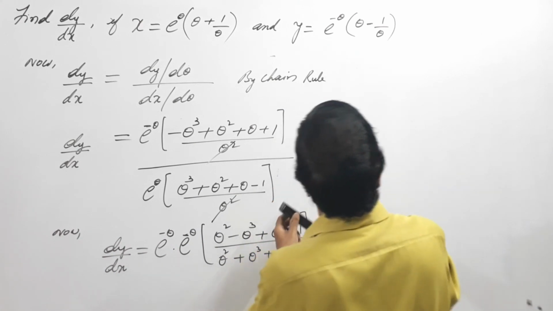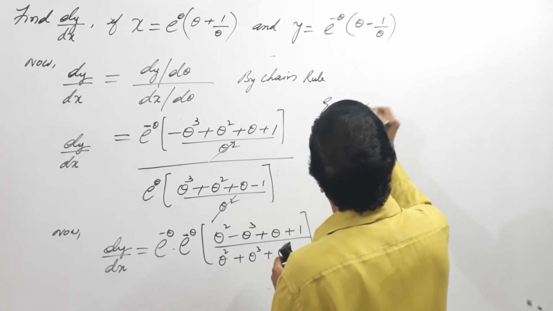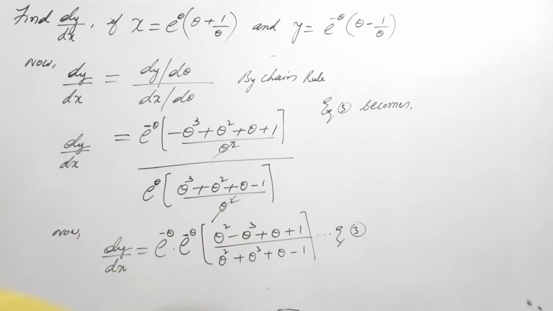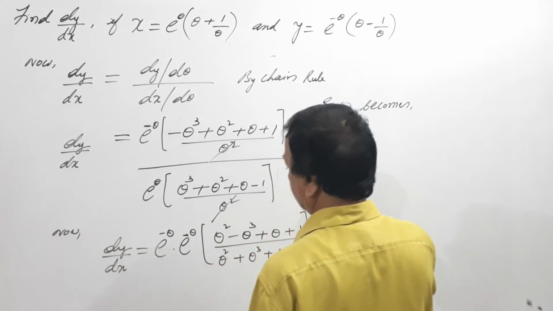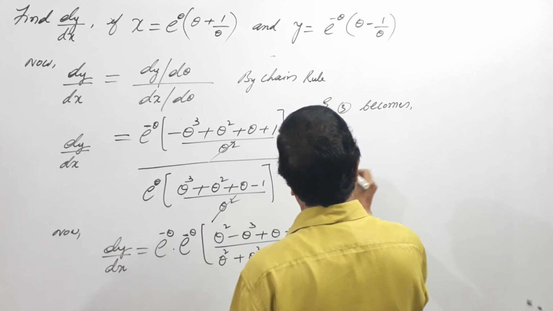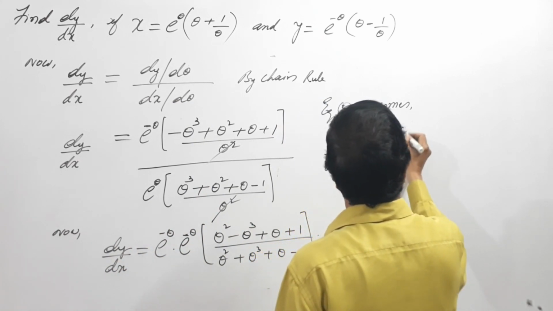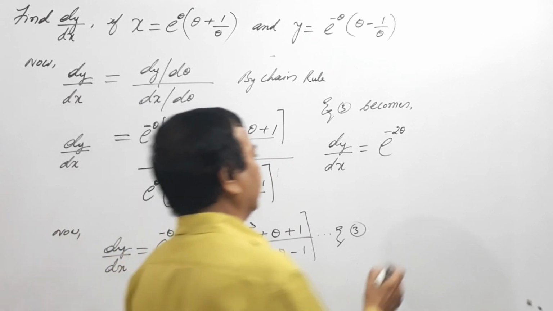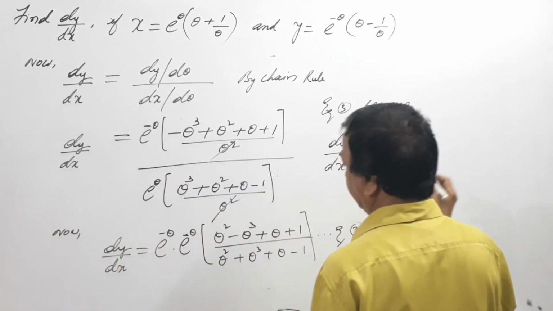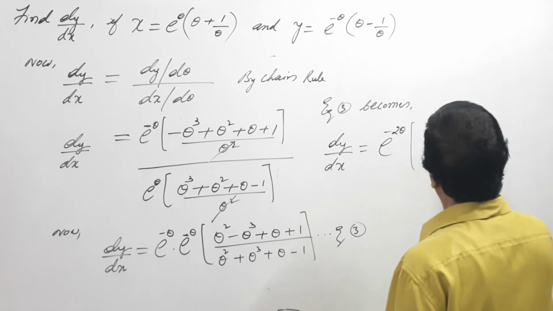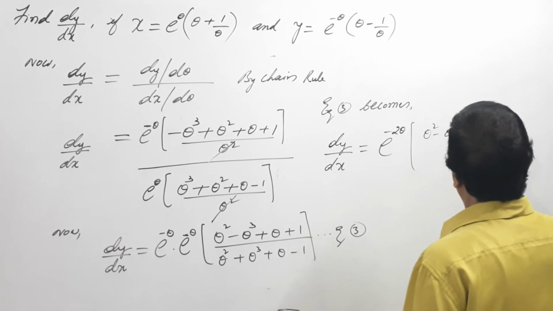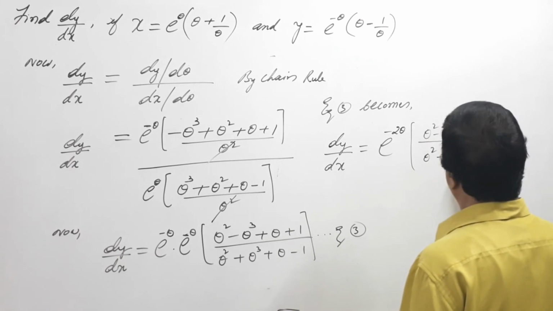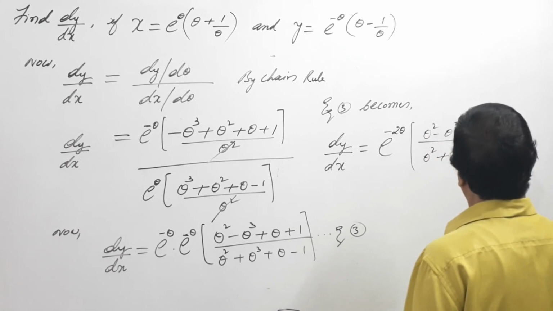Equation 3 becomes dy by dx equals e to the power of minus 2 theta, since minus theta minus theta becomes e to the power of minus 2 theta, divided by theta square minus theta cube plus theta plus 1, divided by theta square plus theta cube plus theta minus 1.